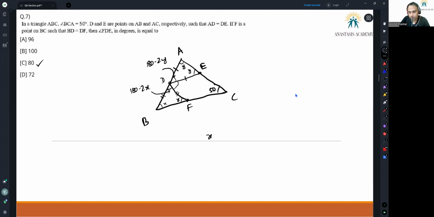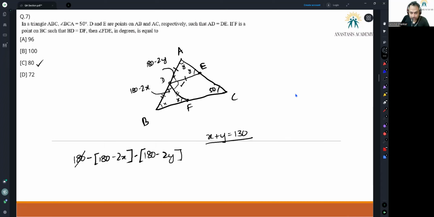We know x plus y is equal to 130. So when we are trying to find the measure of this angle, we have to get 180 minus 2x minus 180 minus 2y.